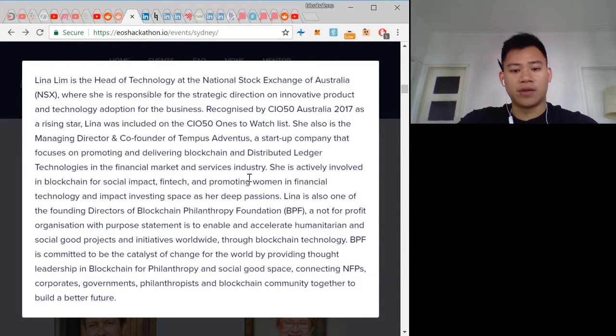Recognized by CIO 50 Australia 2017 as a rising star, Lena was included on the CIO 50 Ones to Watch list. She is also the managing director and co-founder of Tempest Ventures, a startup company that focuses on promoting and delivering blockchain and distributed ledger technology in the financial markets and services industry. She is actively involved in blockchain for social impact, fintech, and promoting women in financial technology and the impact investing space as her deep passions.